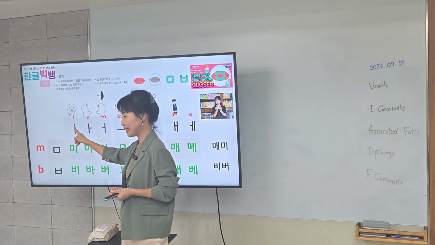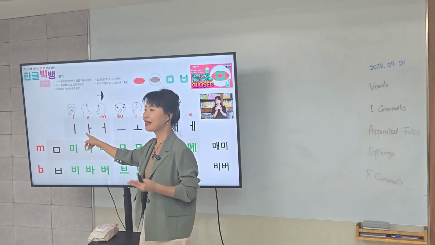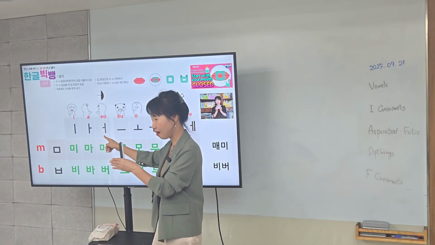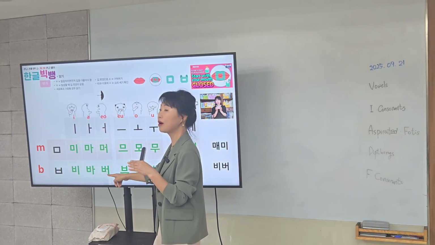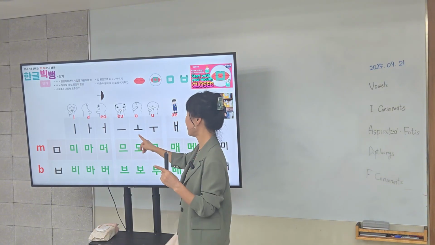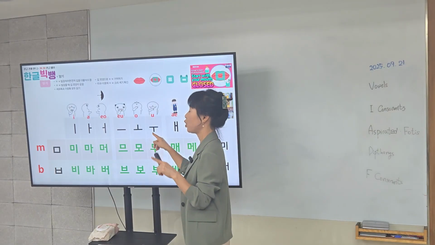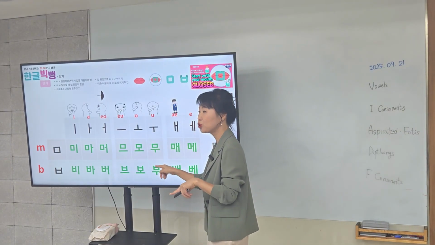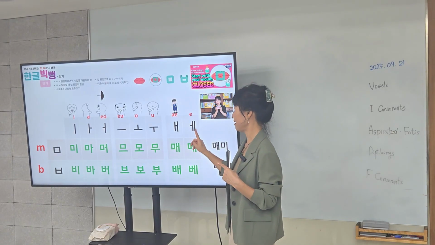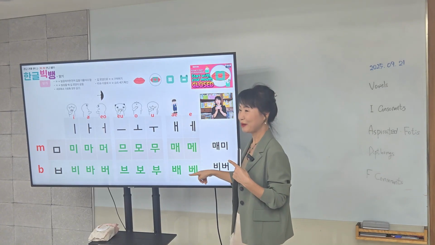So this is E, mi, pi, and A, ma, pa, okay, O, mo, po, U, mu, pu, E, me, pe.